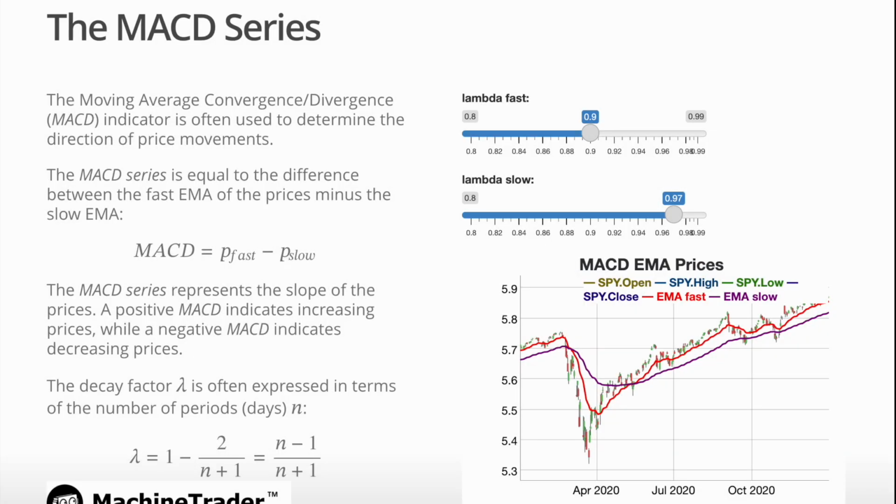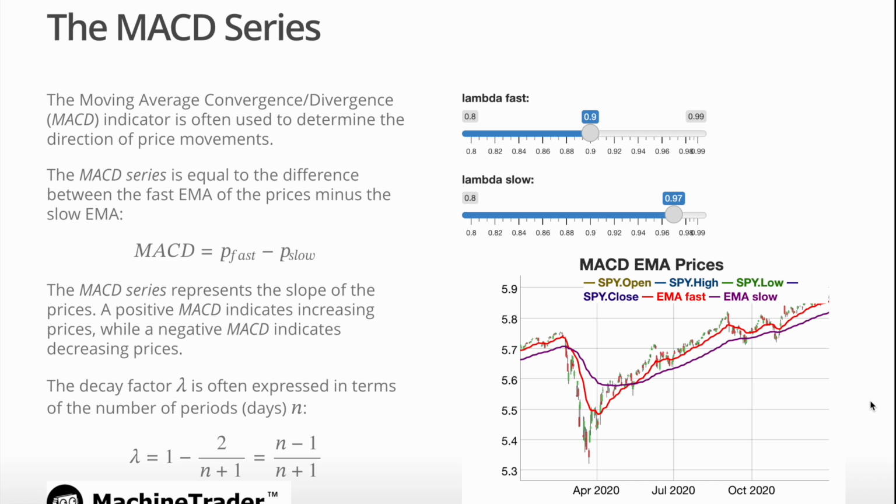Now, the moving averages can be used in other technical indicators, in particular the moving average convergence divergence indicator, the MACD. And the MACD is used to determine trends in prices. And the MACD series is defined as the difference between two moving averages, the fast moving average minus the slow moving average.